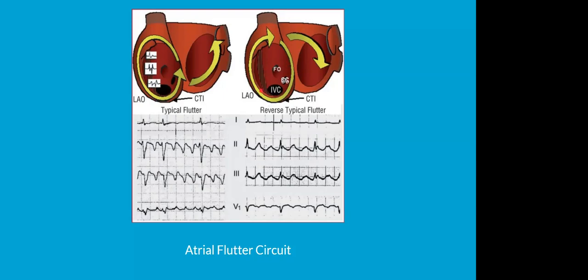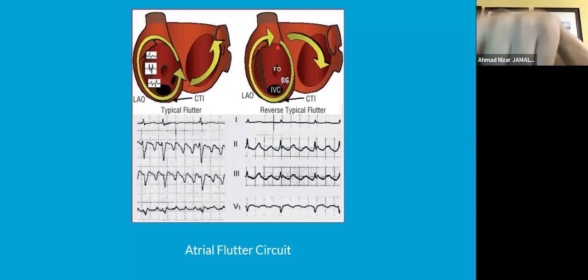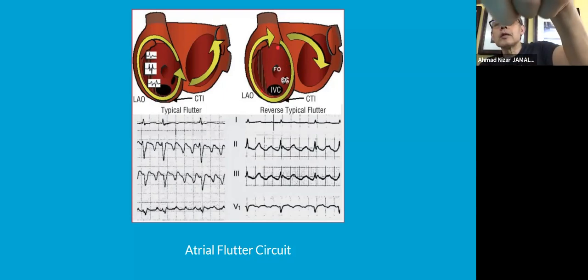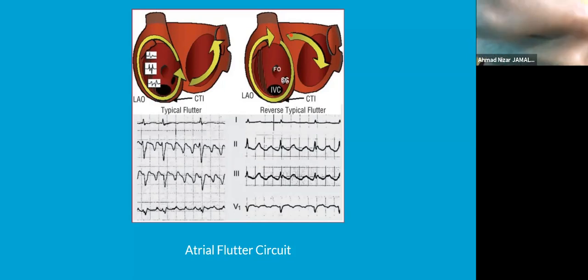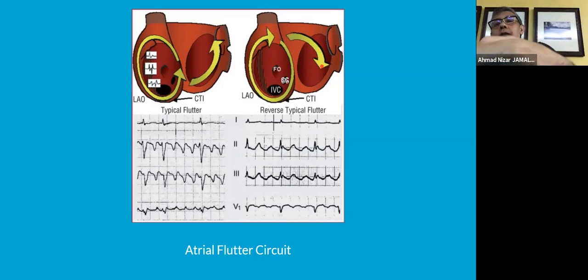It passes along the lateral wall, then goes down in front of the IVC, and then goes between the tricuspid valve and the coronary sinus. That isthmus between the coronary sinus and the tricuspid valve is called the cavo-tricuspid isthmus. So that's why this is called a cavo-tricuspid dependent atrial flutter.